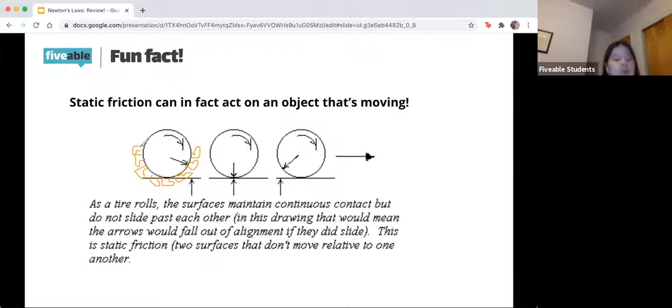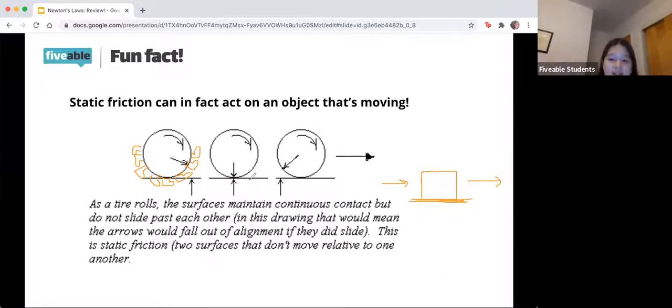I wish I could draw feet better, but every time a new surface of the ball hits the floor, it's technically experiencing static friction because it touches for a little bit, and then the ball continues rolling and a new surface touches. Kinetic would be a block, the same surface against one surface, and it's moving. Static friction in this case is a new surface touching each time. It wouldn't be kinetic because nothing is sliding.